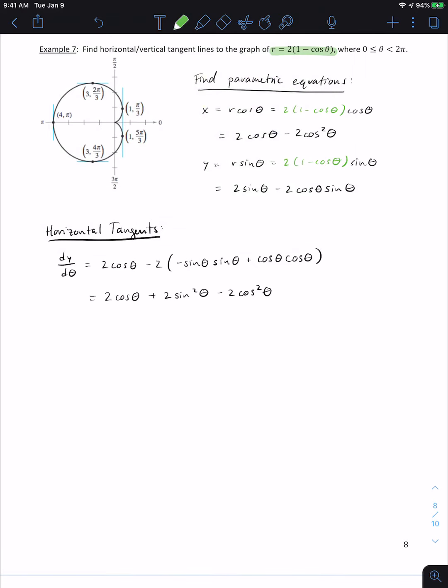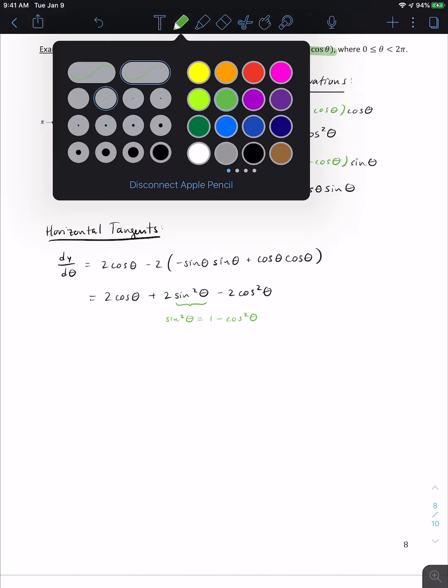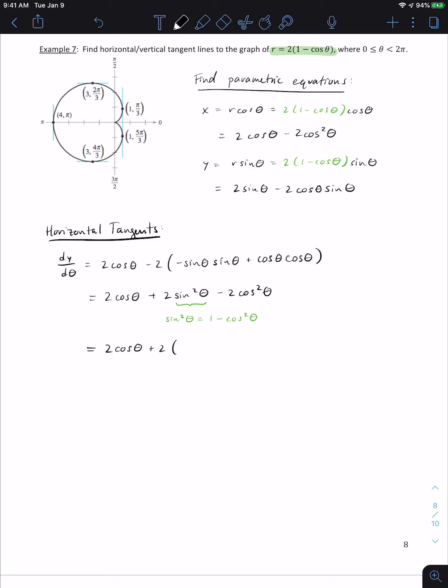However, I can rewrite this as follows. What is sine squared theta? From the Pythagorean identity, sine squared theta is equal to 1 minus cosine squared theta, right? So that's what I'm going to write there. So I get 2 cosine of theta plus 2 times the quantity 1 minus cosine squared theta, minus 2 cosine squared theta.